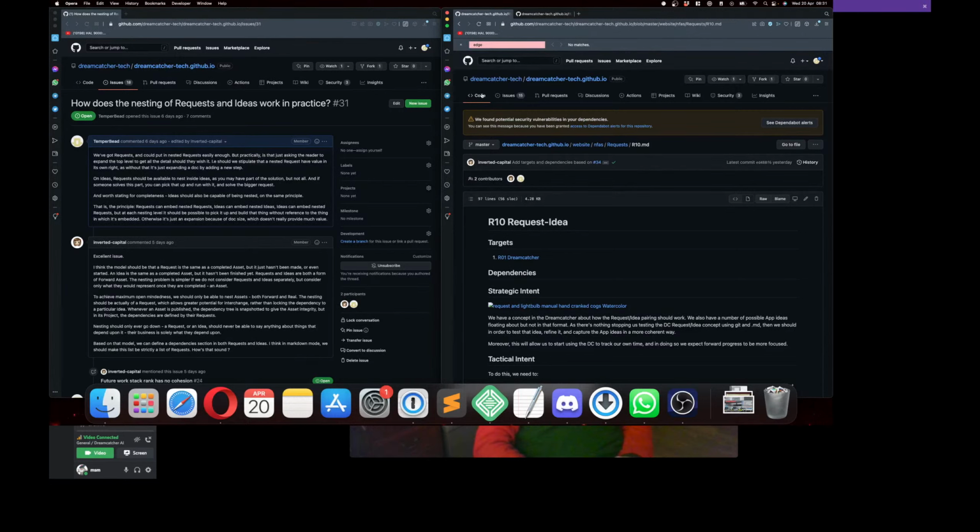So first of all, R10 Request-Idea. Why is it that you've put the NFT image under strategic intent? I think that might actually be a copy and paste mistake, because I'm not sure we've generated an NFT for R10 yet.